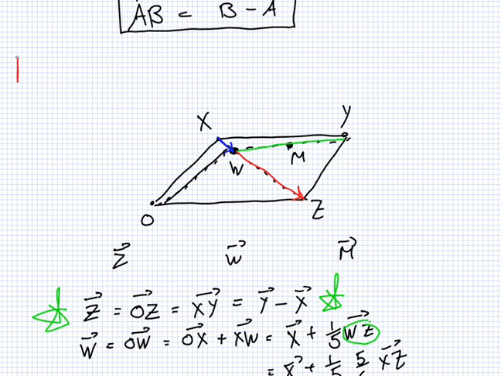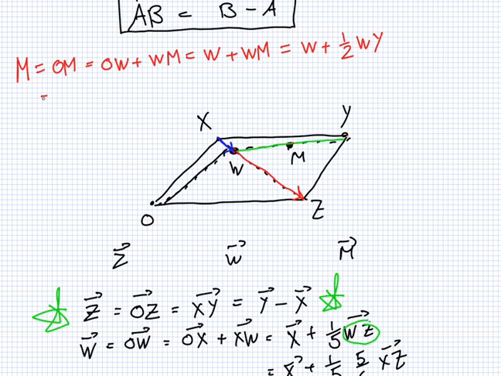So, OM equals OW plus WM, which equals W plus a half WY, because WM is a half of WY.